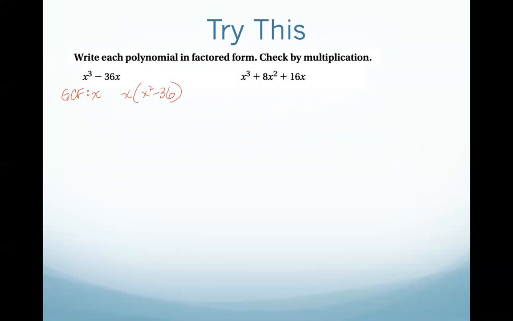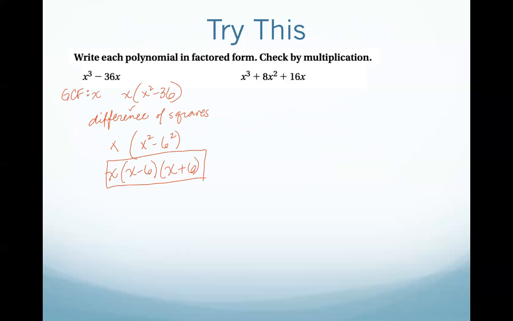You can use the x method, but this is a difference of squares. So it is a difference, meaning it's subtraction of squares. Always check that it's subtraction. X squared minus 6 squared. So that becomes x minus 6 times x plus 6.